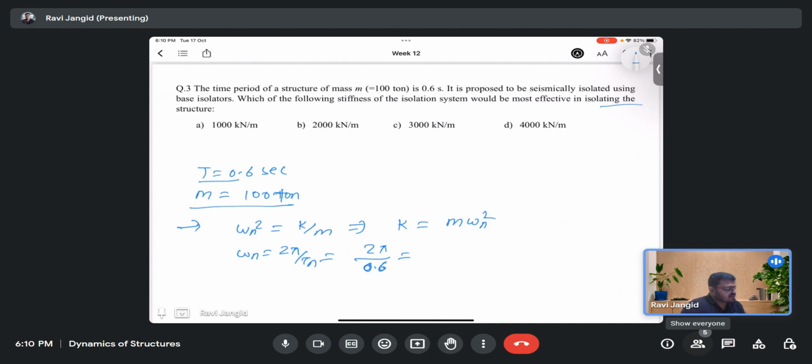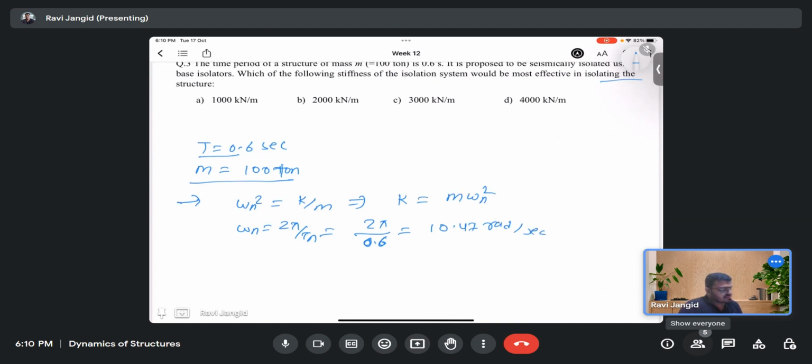So my frequency omega n is coming out to be 10.47 radian per second. Okay. So my stiffness: m is 100 tons, so that is 100 into 10 raised to power 3 to convert into kilogram, and multiply with 10.47 square.